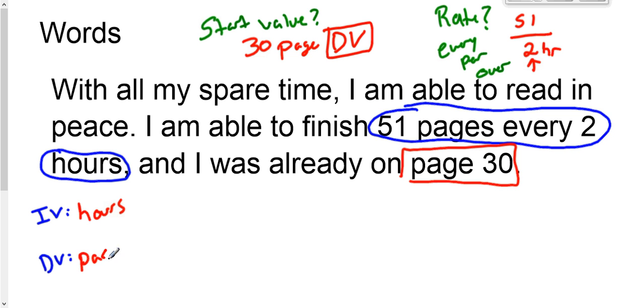So that helps you, again, identify IV and DV pretty clearly. So hours and pages. Now we just write our equation. Y equals rate of change, slope, 51 over 2, x, plus our starting value of 30.